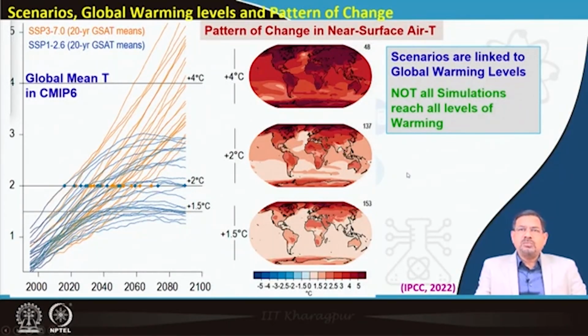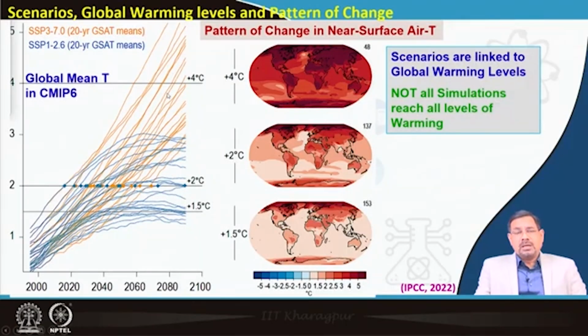Not all simulations reach all levels of warming. As you can see here, the SSP 1 parallels 2.6 watts per meter square as far as the warming potential is concerned. They are all below 3 degree.